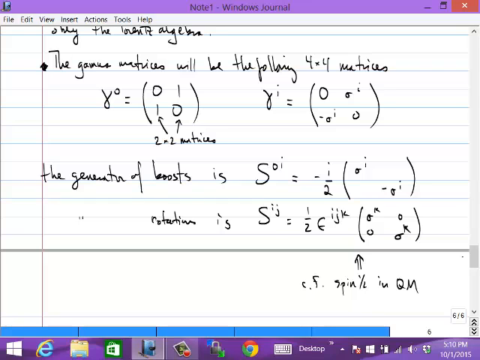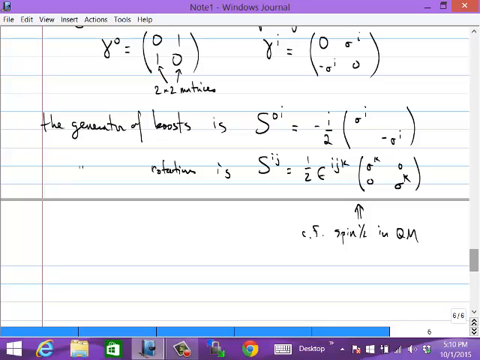So I've introduced for you a set of matrices that obey the Clifford algebra.